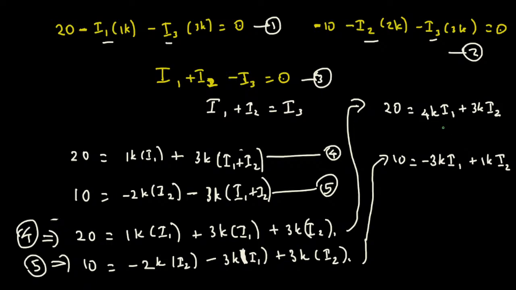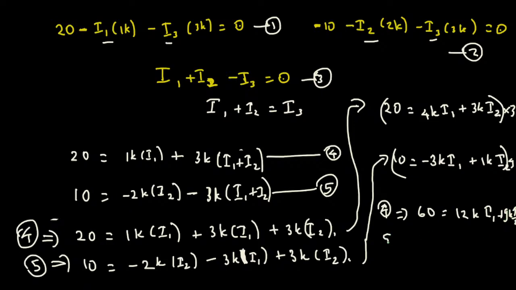Here you can see this is 4 and minus 3. If I want to make these equal, I have to multiply this one by 3 and this one by 4. If I do that, then the fourth equation becomes 20 times 3, that's 60, is equal to 4 times 3, that's 12k I1, plus 9k I2.